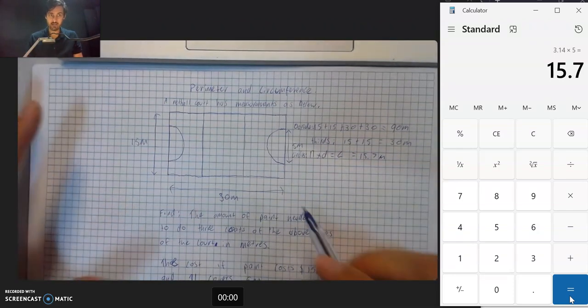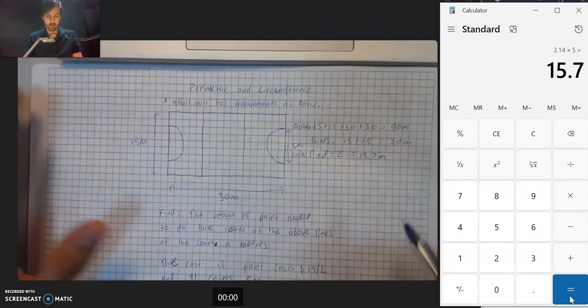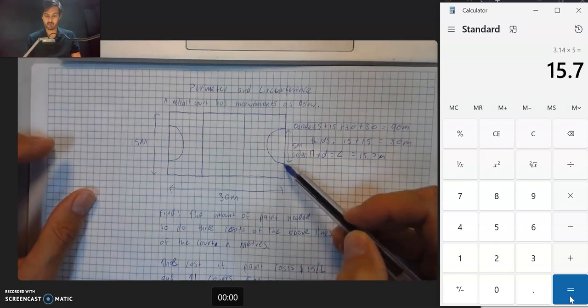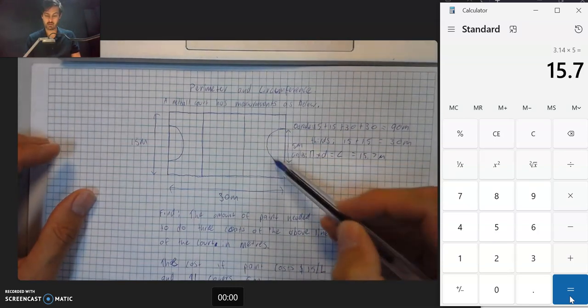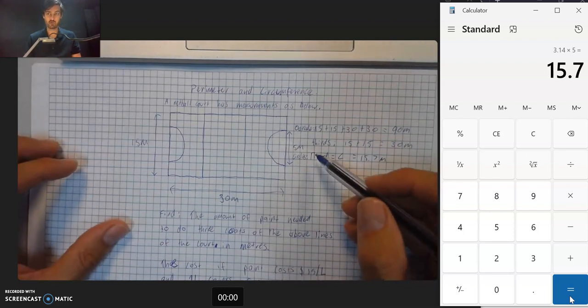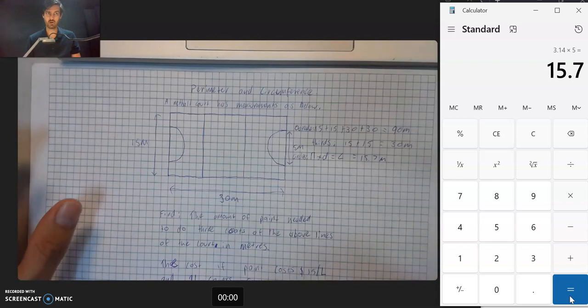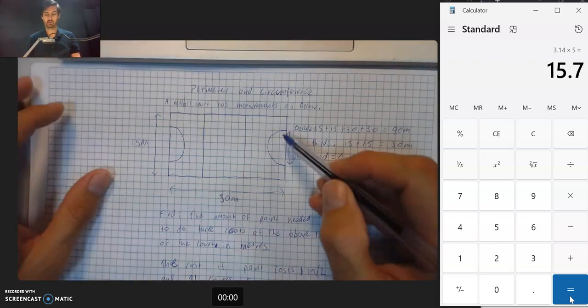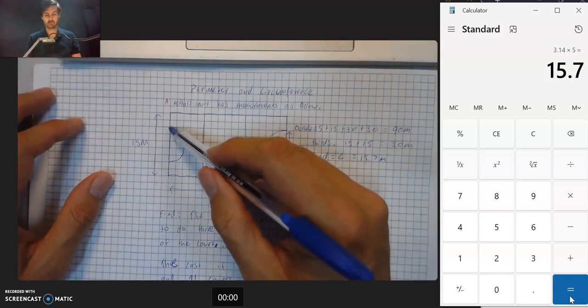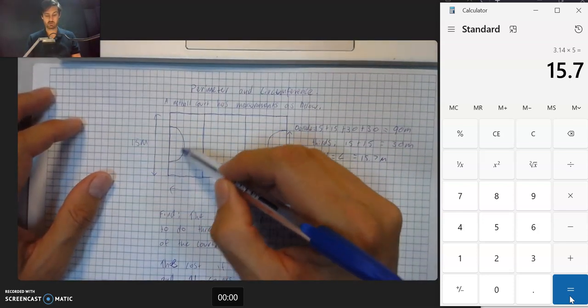The other way to do that, I mentioned there was another way. We can find the circumference, the outside of the circle, by doing pi times d divided by 2 and then times by 2, because that'll give us the curve of this section here, and then the curve of this section here because we're times-ing by 2.